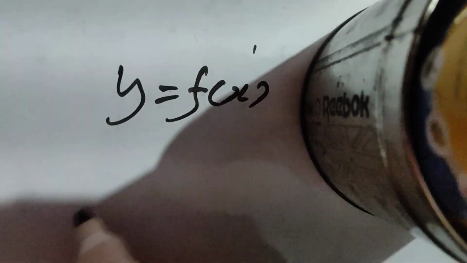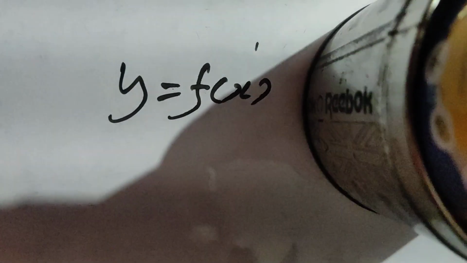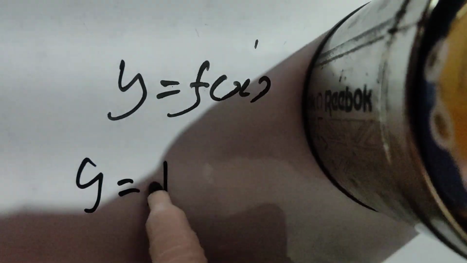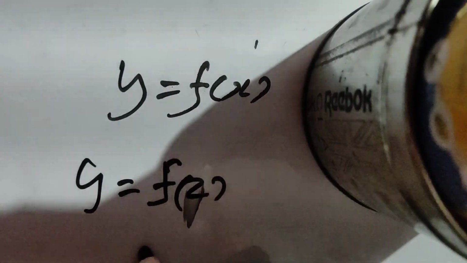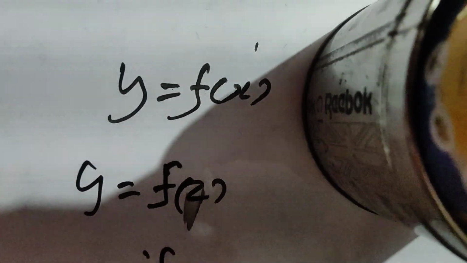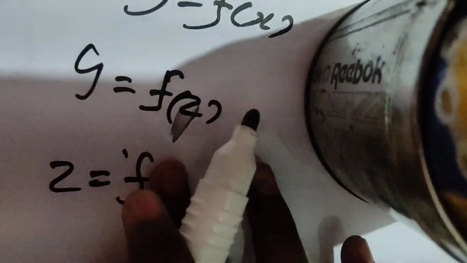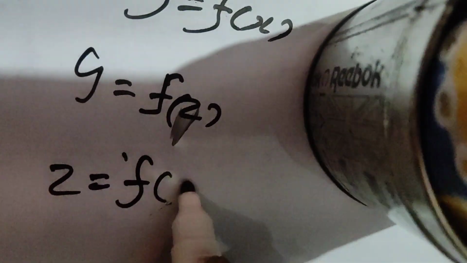So for example, if we make an indirect function for something and that indirect function is a function of x, for example y is a function of z, and this z is a function of x.